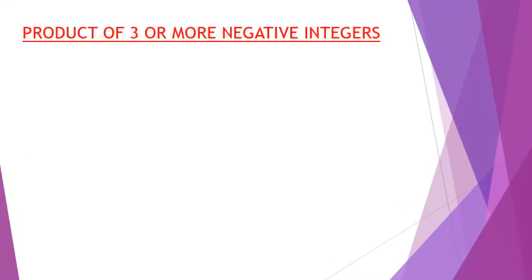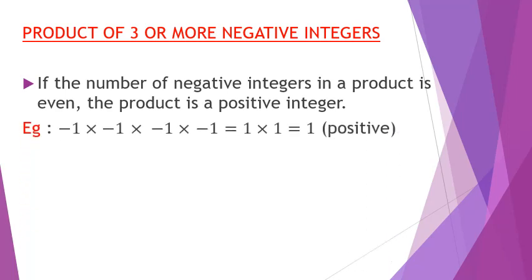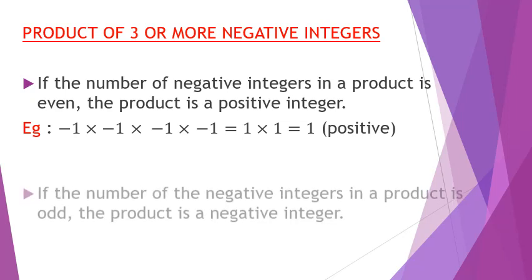Next is product of three or more negative integers. If the number of negative integers in a product is even, then the product is a positive integer. For example, if we multiply minus 1 four times, 4 is an even number, then the product is positive. Here the answer is 1.